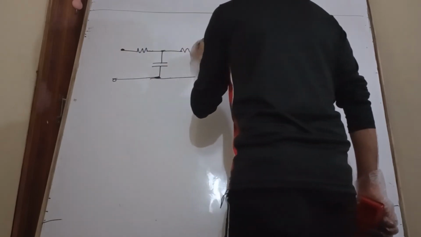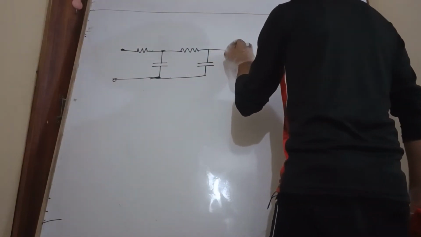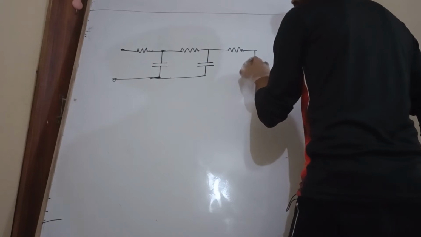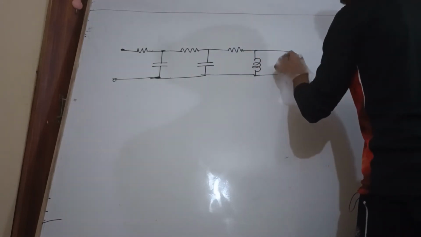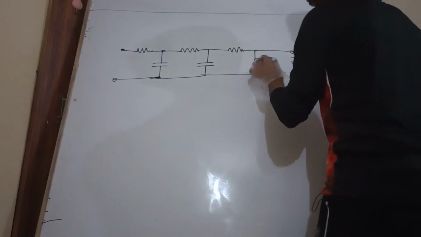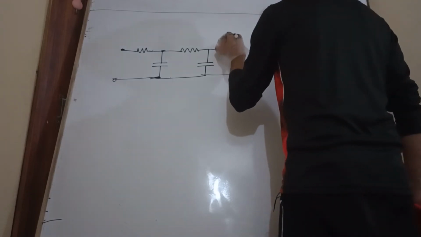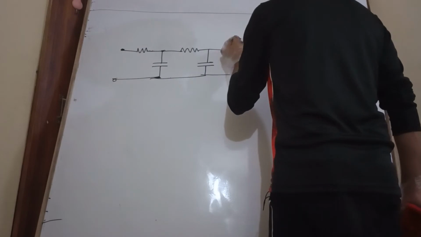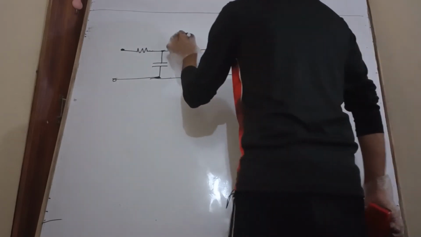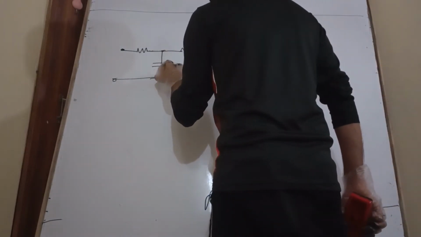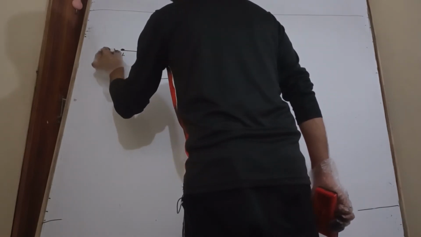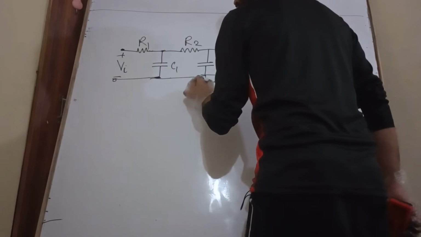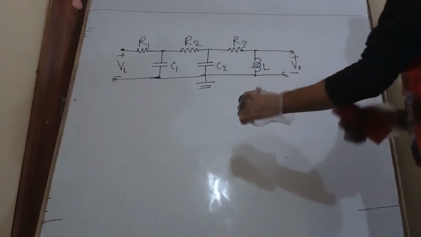This is again my resistor, this is my inductor. Now this is my output voltage V0, positive, negative. This is L, this is R3, this is C2, this is R2, and this is C1, this is R1, and this is my Vi, positive, negative. Somewhere here is ground.